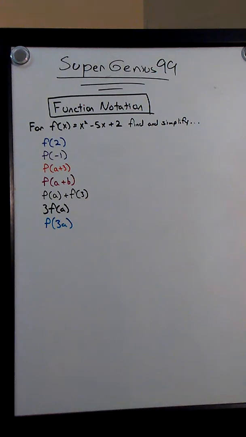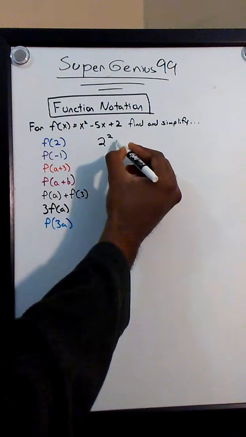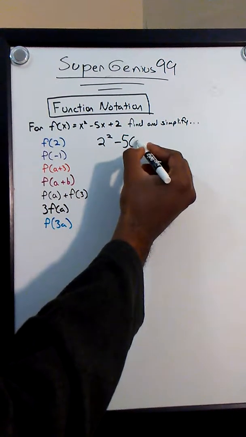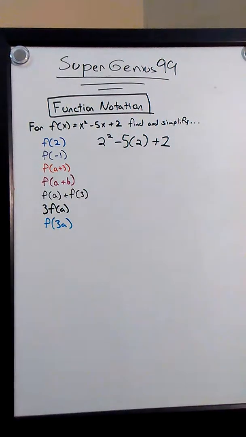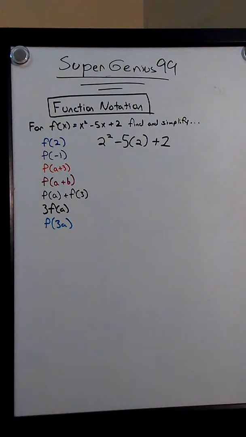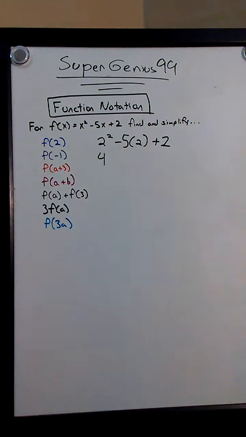For the first one, it says find f of 2, so basically wherever you see an x, you put a 2. So 2 squared minus 5 times 2 plus 2. So what is 2 squared? And what is 5 times 2?